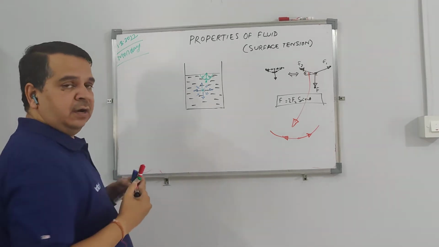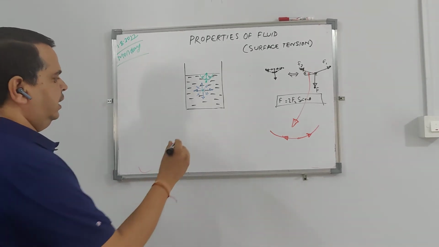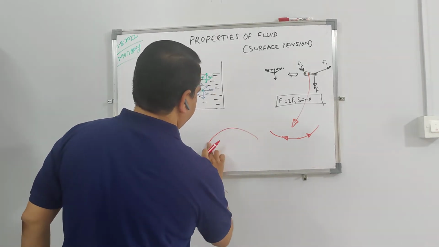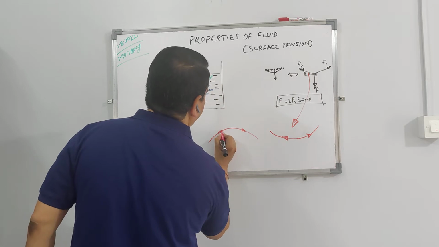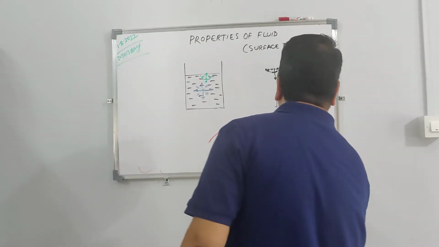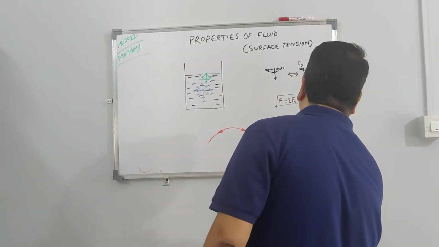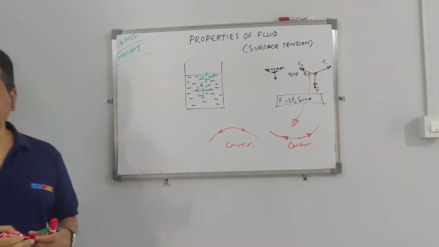But for liquids having higher surface tension, which we will discuss, it can be like this also. So your surface can be either concave or convex. This is your concave and this is your convex.